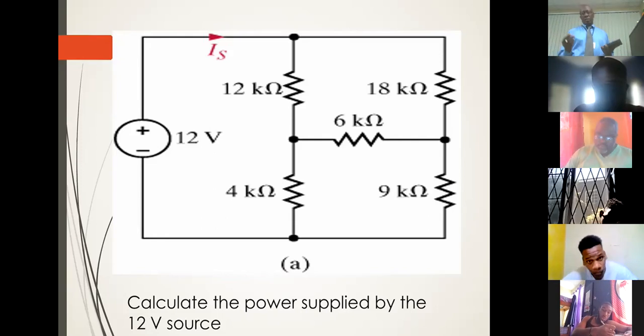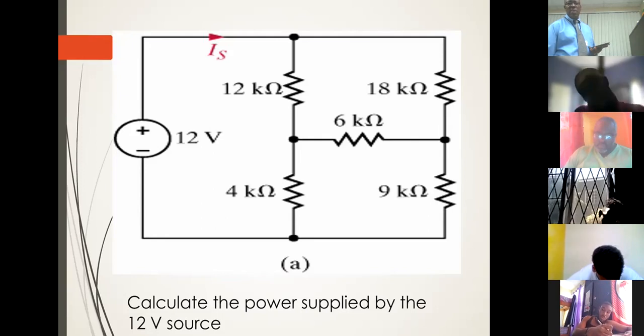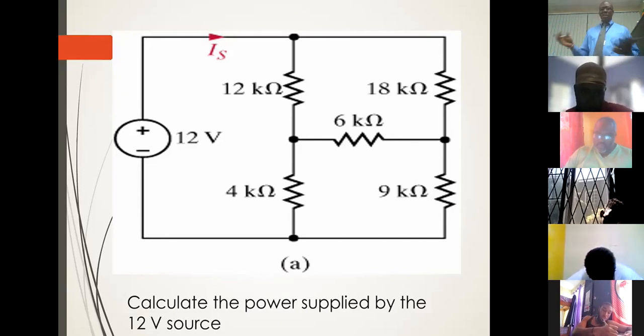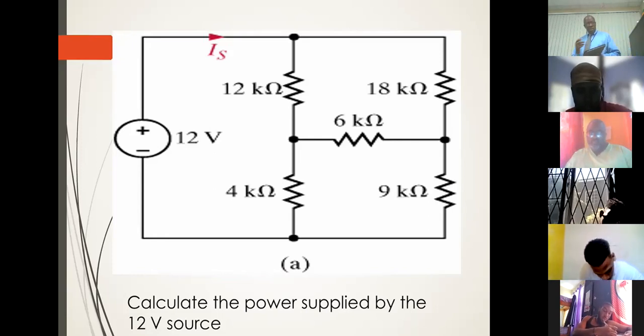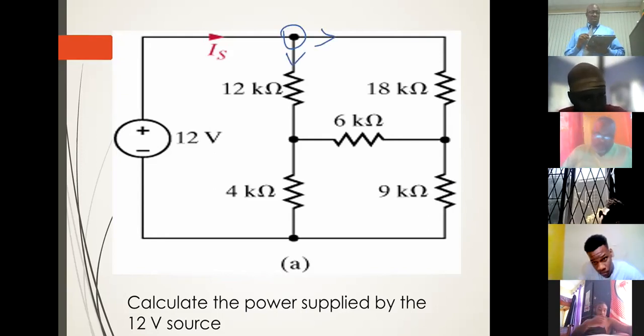All right, so the first thing we need to do is to identify whether or not we have star delta connections. One of the things I want you to avoid at all costs, you may end up just wasting time, is to assume because of how the resistors look that you actually have a star delta. So you want to make the assessment before you spend time doing any form of transforms. So we have IS, it comes to this node, we'll have current going there, we'll have current going there.